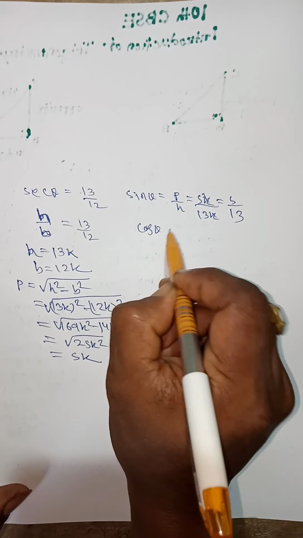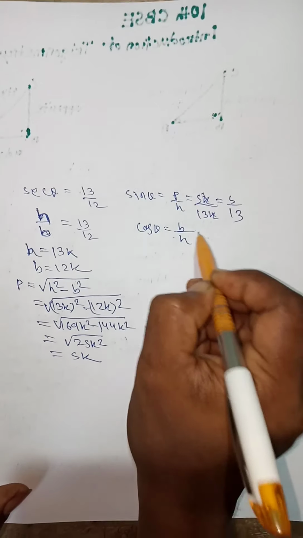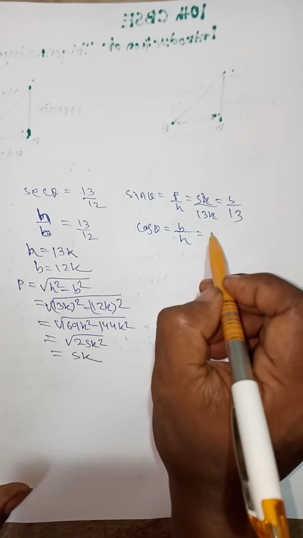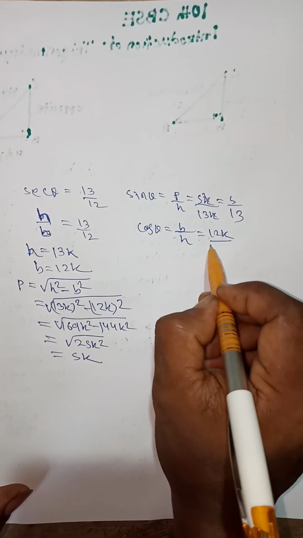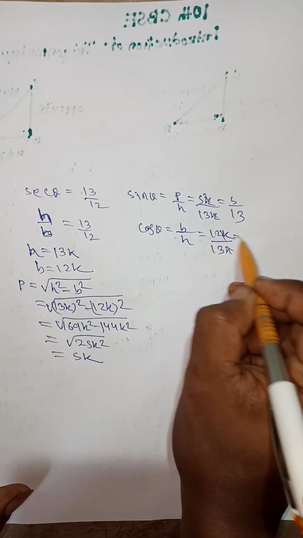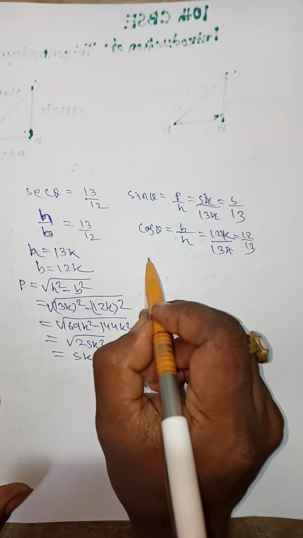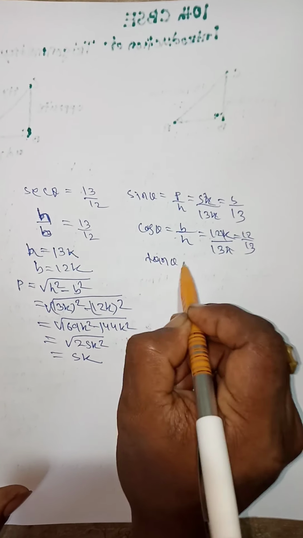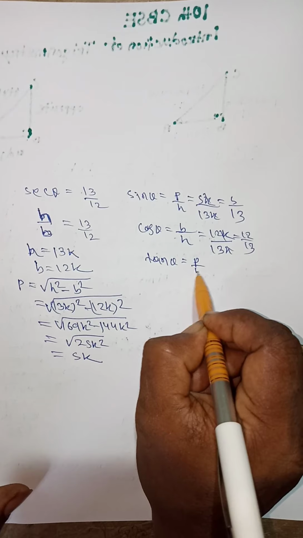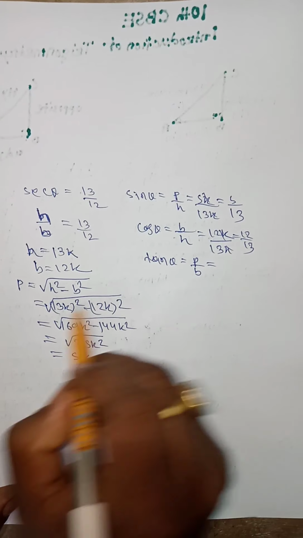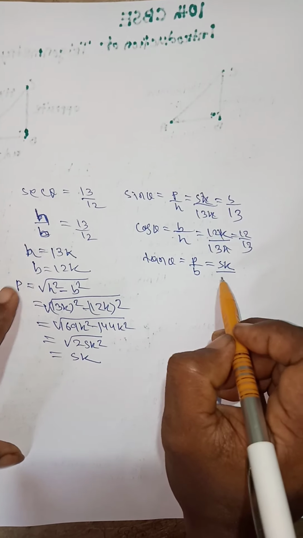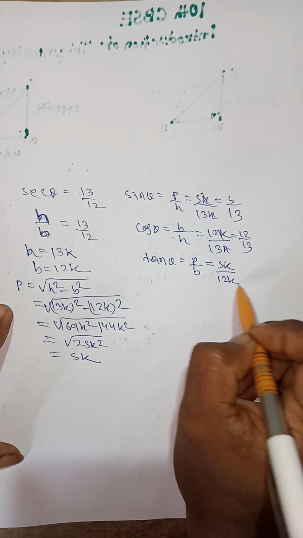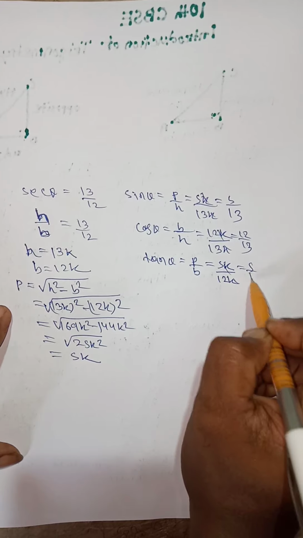Then cos theta is B by H, B is equal to 12K by 13K equal to 12 by 13. Then tan theta equal to P by B, P value 5K, B 12K, cancel, 5 by 12.